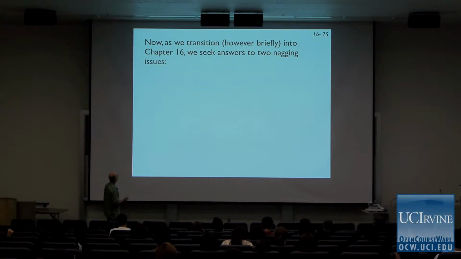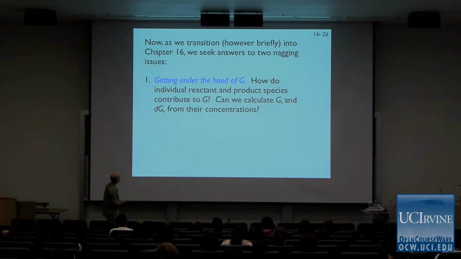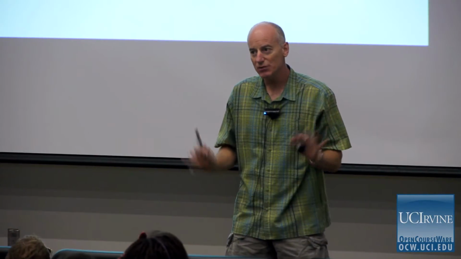Okay. Now, as we transition, however briefly, into Chapter 16, we seek answers to two nagging issues. The first is, we haven't really said anything about how individual chemical species contribute to G. Right? We said the Gibbs energy is very important.